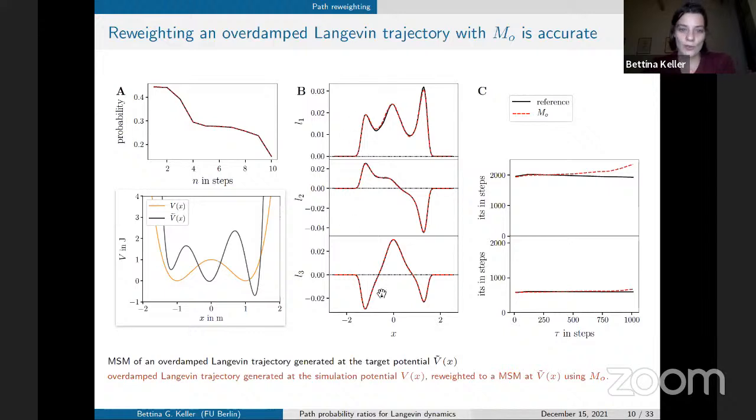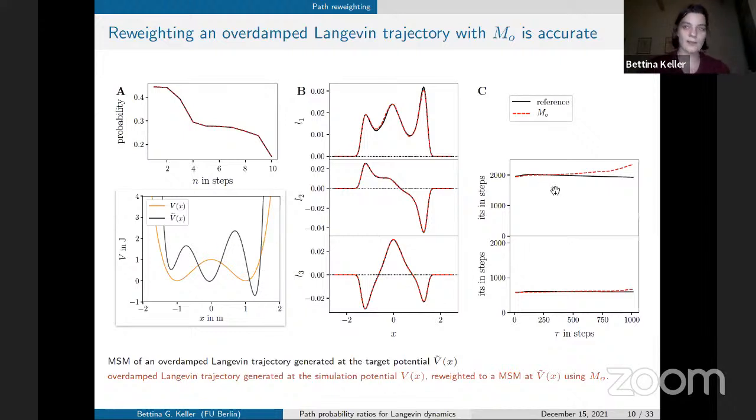And what we use to benchmark the system is the Markov state model eigenvectors. The first one is the Boltzmann distribution, and the second one represents the exchange between this minimum and this minimum over here across the central minimum, and the third one represents the exchange between the central minimum and the ones on the side.